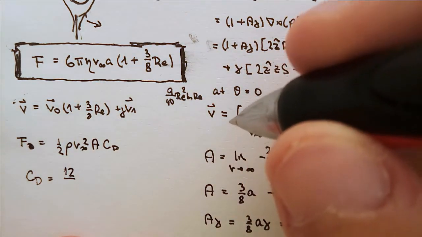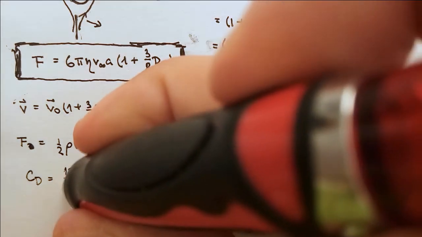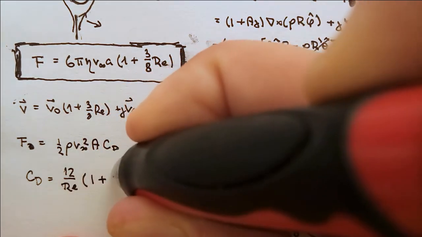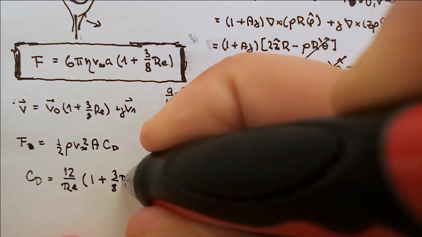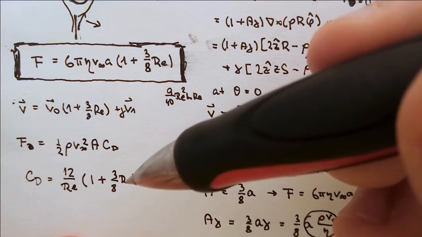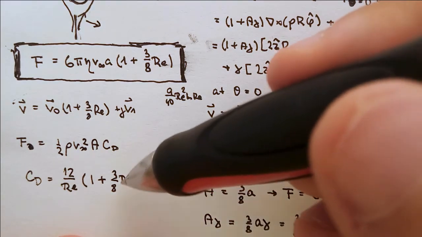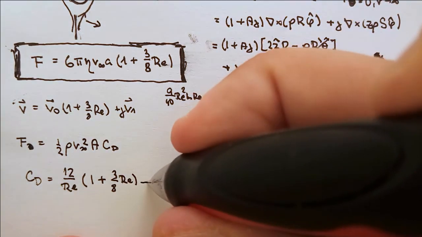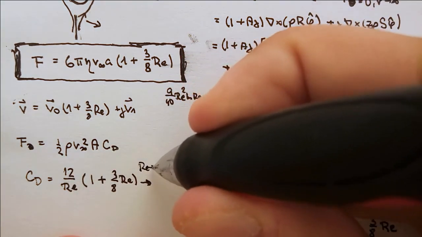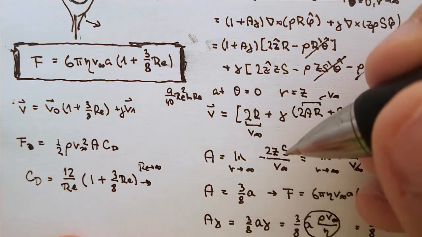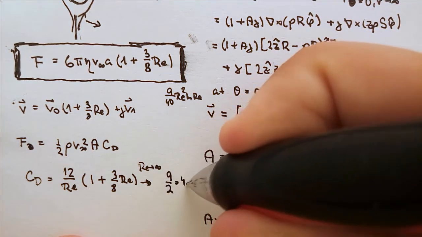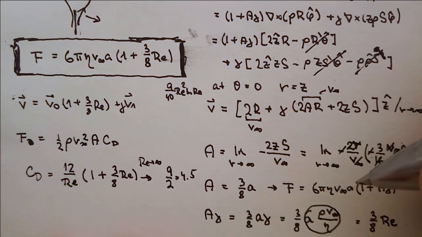12 divided by the Reynolds number times 1 plus 3/8 times the Reynolds number. When the density and the velocities are high enough, the Reynolds number is big, and if you take the limit as Reynolds number goes to infinity, this should tend to 9/2, which is 4.5.